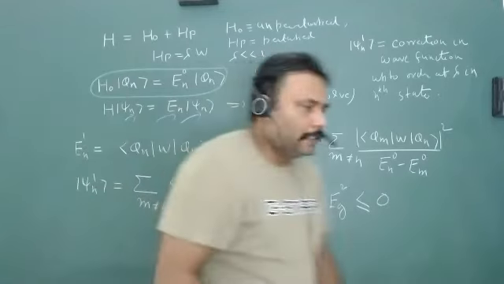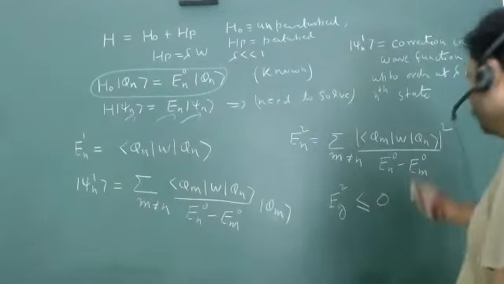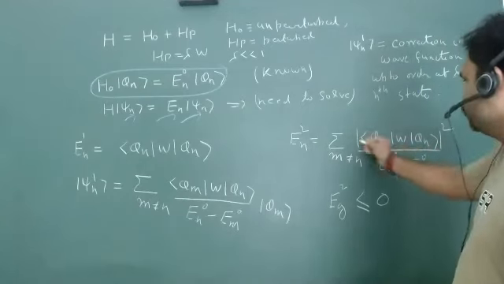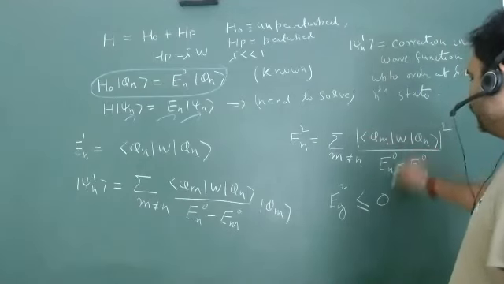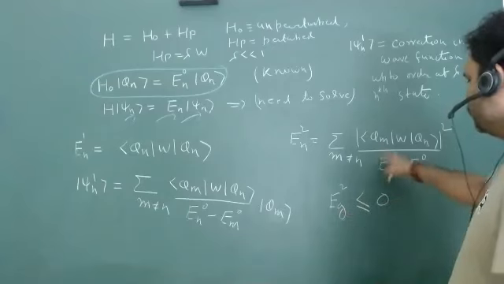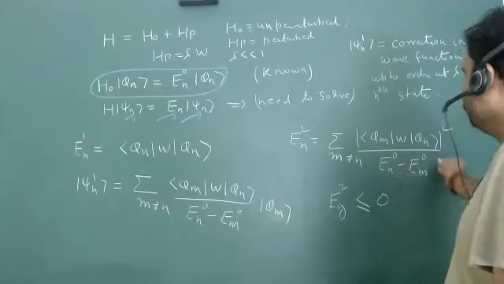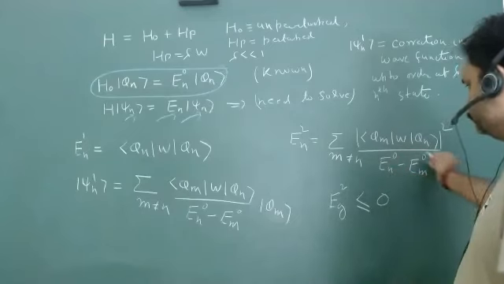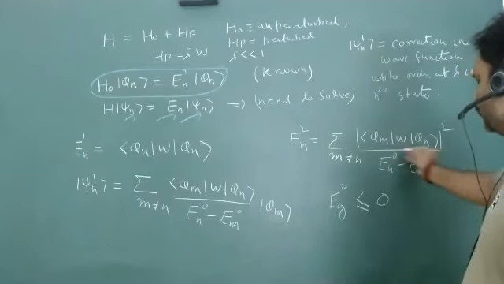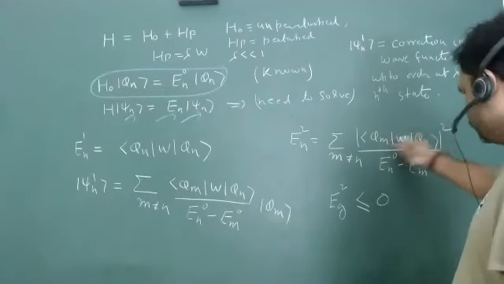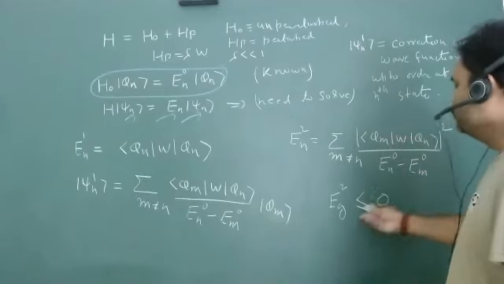For the ground state, what will happen? This term is always positive, and hence it is the ground state. So n is the ground state, and these are all the other excited states. So this number will always be negative. It will be 0 when this term is 0. Otherwise, this will always be negative.